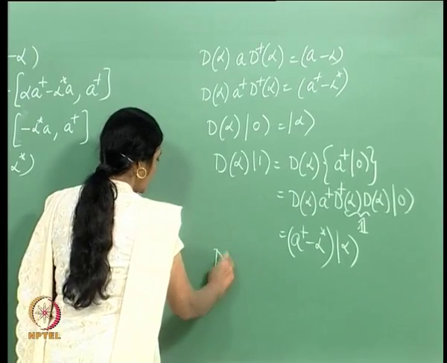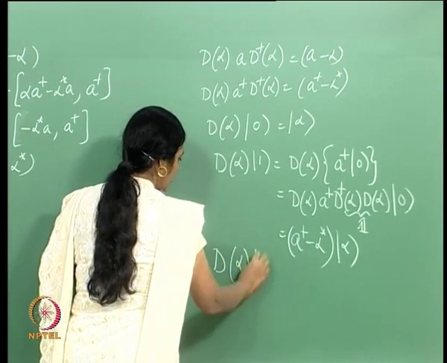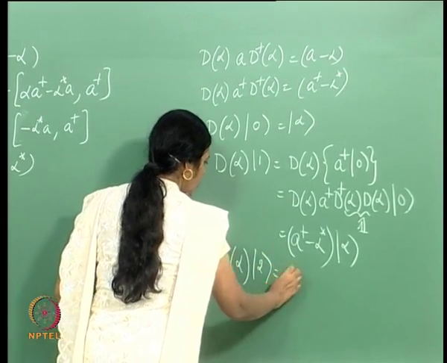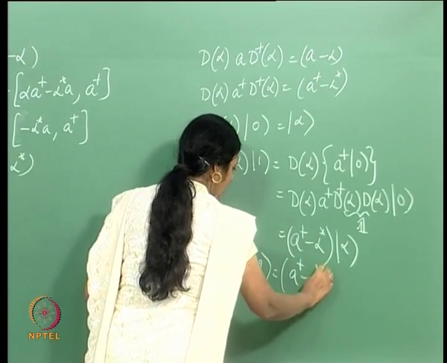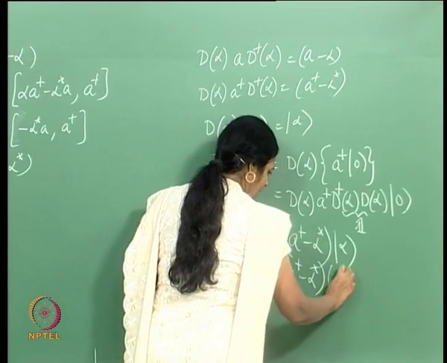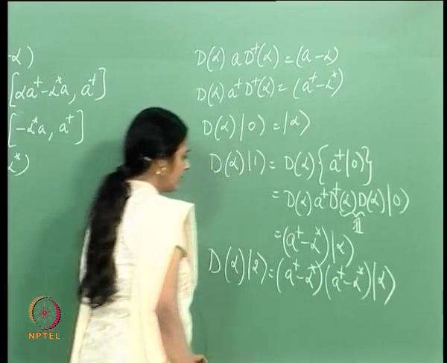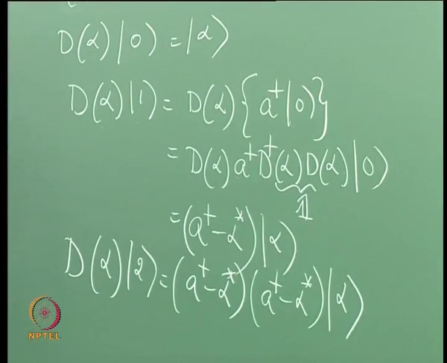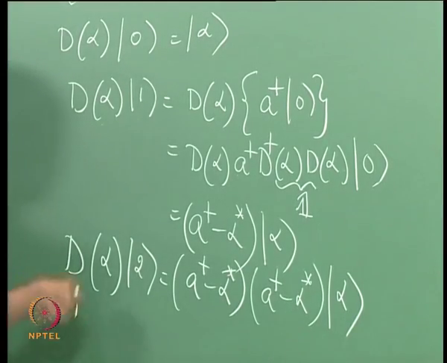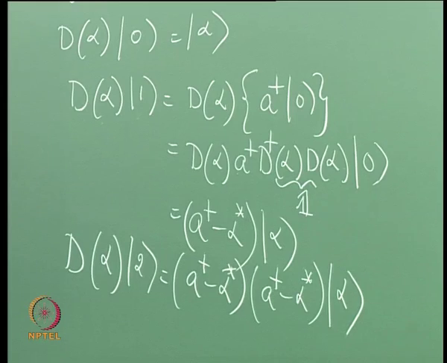So basically D of alpha on ket 2 is A dagger minus alpha star, again an A dagger minus alpha star, on alpha. This gives me a very interesting picture.